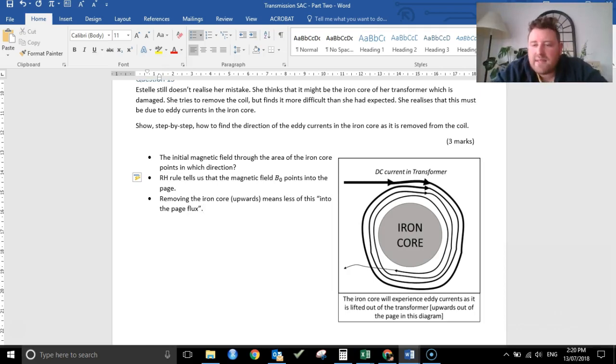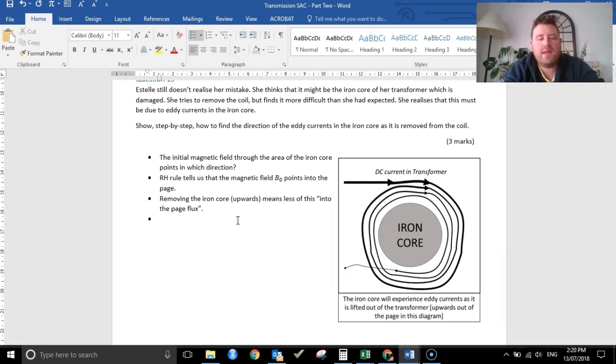All right, and "into the page flux" is a little bit of loose terminology. I've never quite worked out the best way to put that, because flux is supposed to be a scalar, but we all know it's kind of got a direction on it. So it's an into the page flux, and we've got less of it.